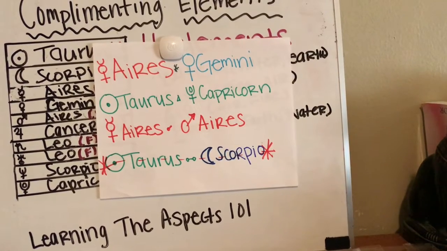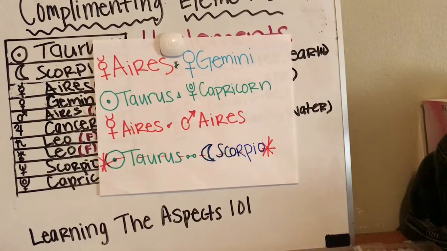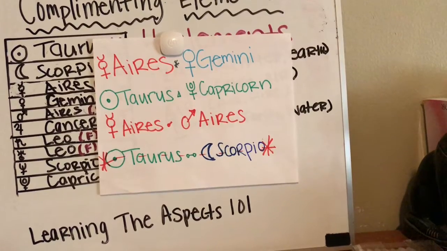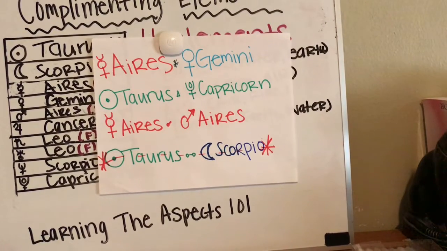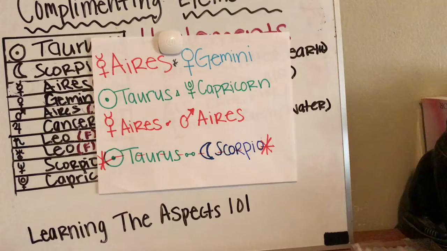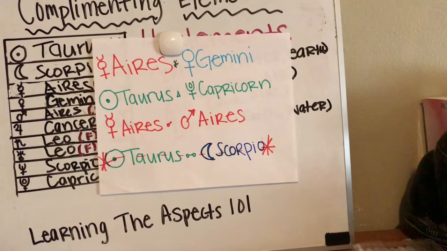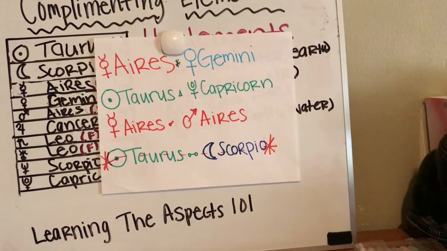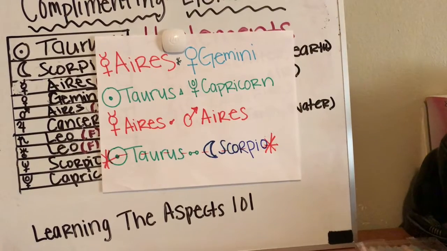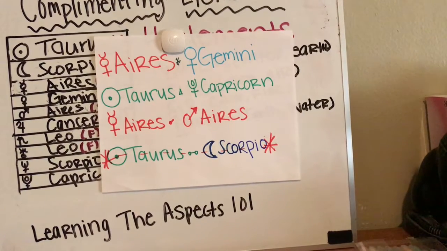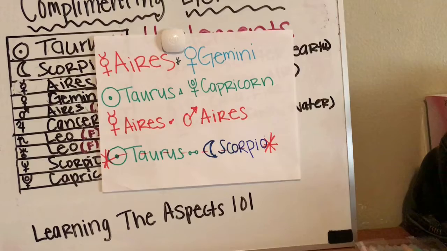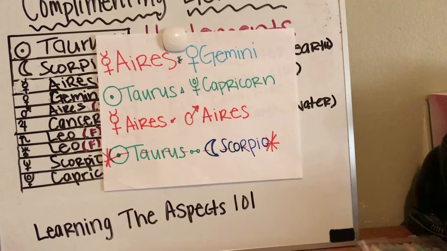Now, it's a little small in between them, but if you take a look, you can see that there is a symbol placed between them. And that symbol does represent the type of complementary relationship that these two signs form. Now, because these elements are complementary, but we know some elements may jig a little bit better with others.